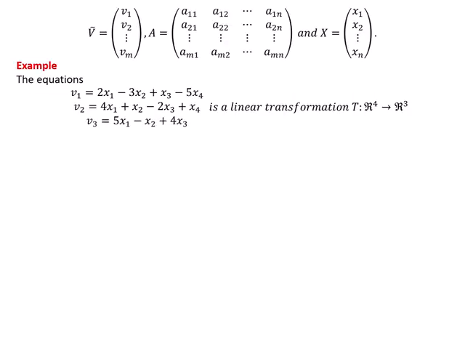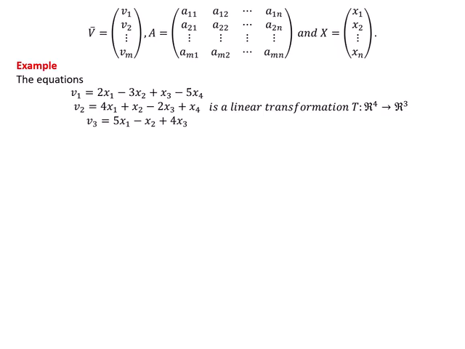where your V is defined as a vector, so vector V is V1, V2, up to Vn. And your A is given as a matrix, which is an n by n matrix.